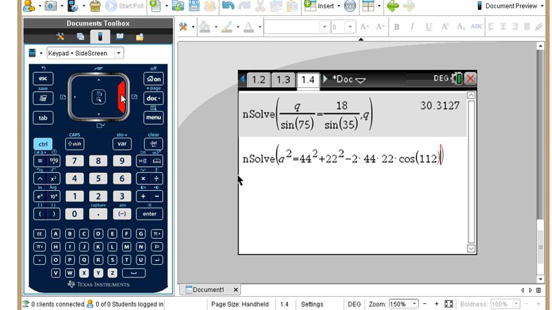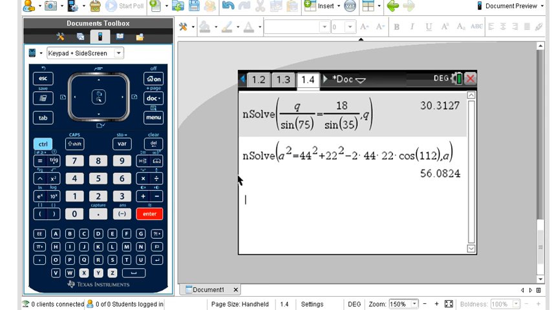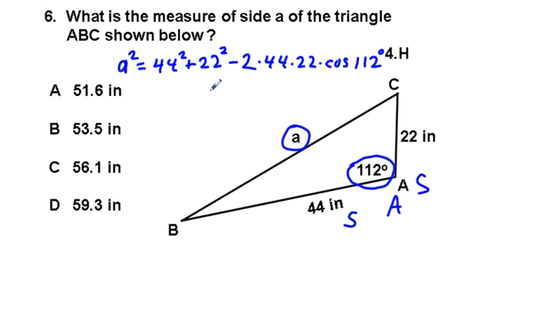We don't have to put a degree symbol there, and we press comma a. Since we're solving for a, we get 56.08, so about 56.1, and that's going to be in inches, and our best answer choice is C.